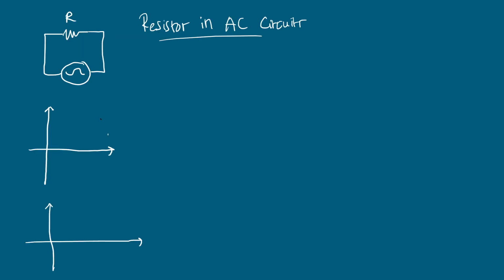Now we will see the correlation between every component in a circuit that we have learned in DC circuits, and how we apply every component in DC circuits into AC circuits, as we know that we have already learned about resistor, inductor, and also capacitor.